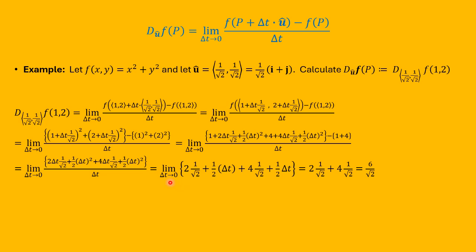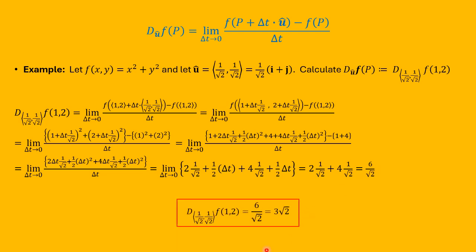And then look at the limit of this as delta t goes to 0. This 1/2 delta t will go to 0. This 1/2 delta t will go to 0. So the only thing left that's non-zero is this term plus this term. And so we add those two together and we get 6 over the square root of 2.